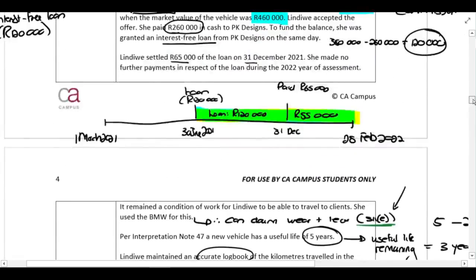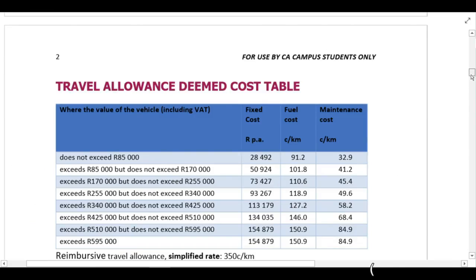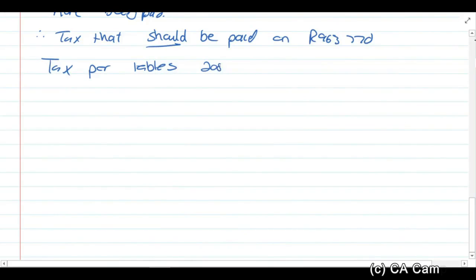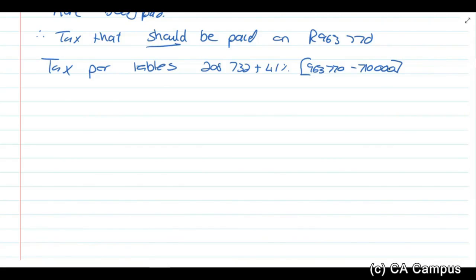So it's 208,732 plus 41% of the amount, 963,770, which exceeds 710. Okay, gives us 312,778.